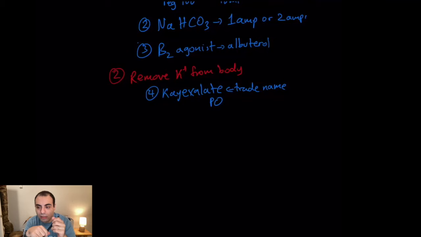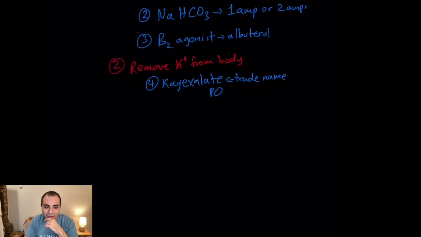Somebody mentioned the name of Kayexalate. It's sodium polystyrene sulfonate. You don't have to know the name, just Google it if you don't know it. But this is what it does. It chelates and promotes secretion of potassium into the GI tract, so it actually lowers the potassium.